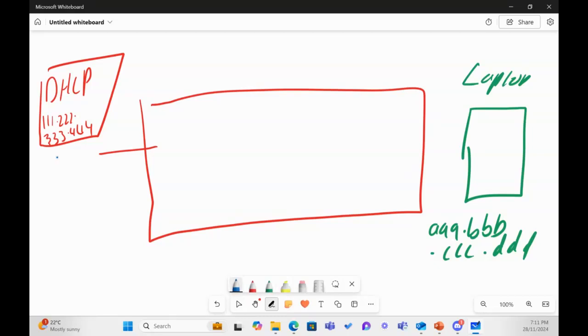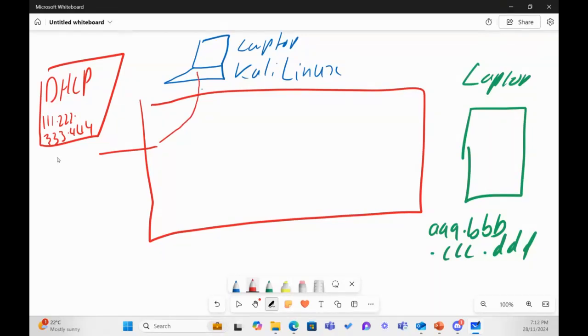But what if I happen to bring in a laptop with Kali Linux on it? Kali Linux is a penetration testing operating system that has MAC spoofing. So it's listening, saying, oh, okay, you've got a MAC address of 111.222.333.444.